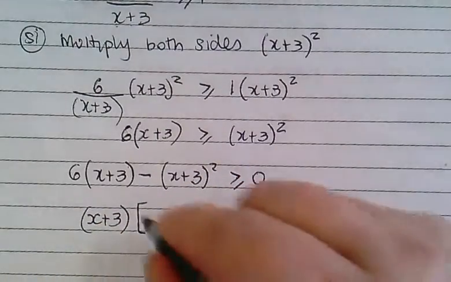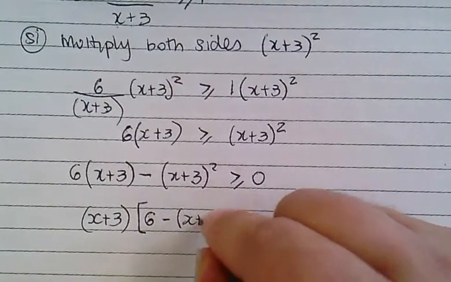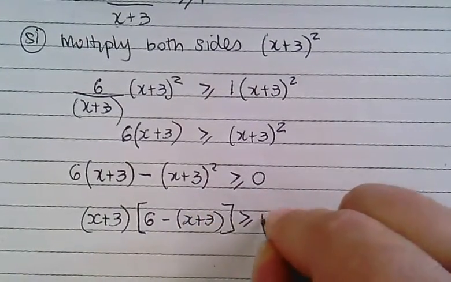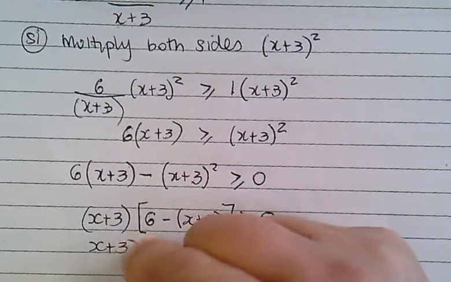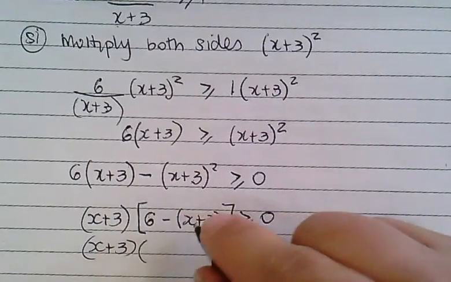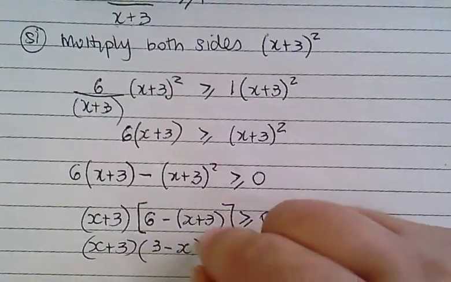All good? 6 minus bracket x plus 3, close bracket. Got it? What's in common? x plus 3 is in common. I'm left with a 6 minus another x plus 3 in brackets. Expand that second bracket. What is it? 6 minus x minus 3. What's that? 3 minus x.